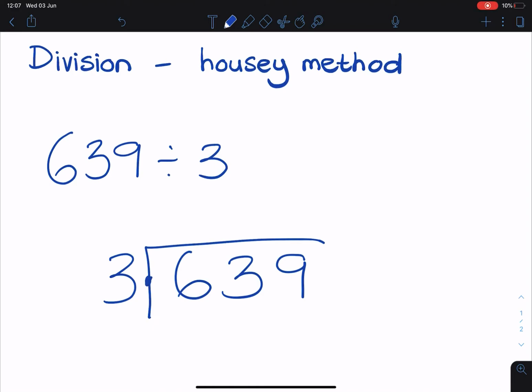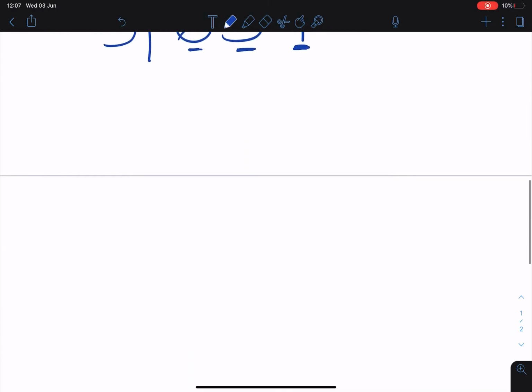How many times can I come in? Well, 3 goes into 6 twice, because 2 times 3 is 6. No remainders. 3 fits into 3 once. No remainders. And 3 fits into 9 3 times. No remainders. Let's have a look at another one.